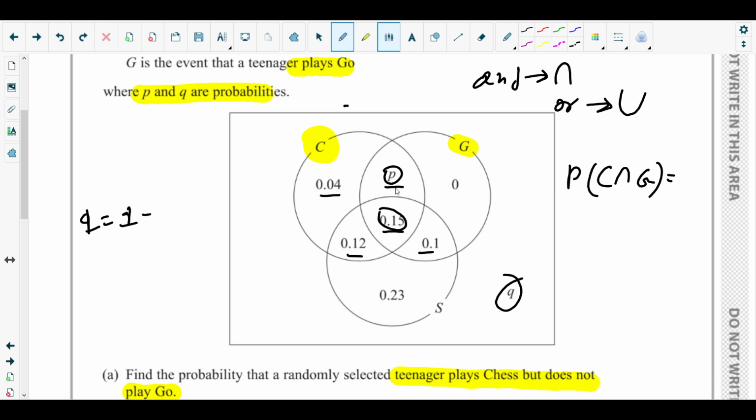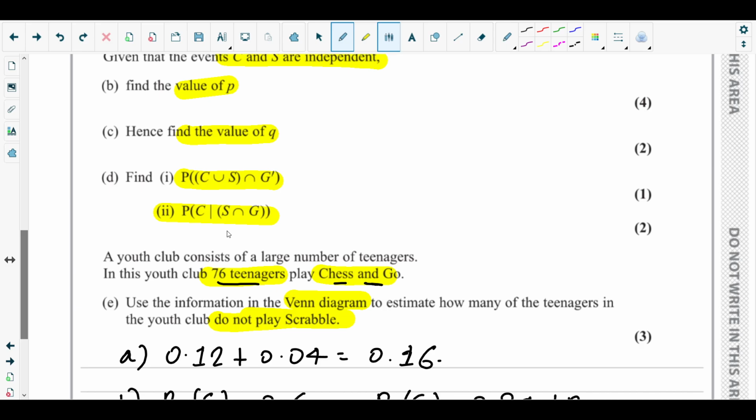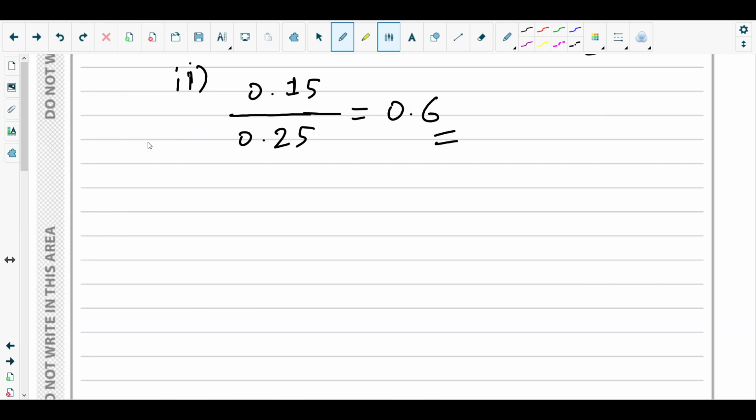P is 0.14 plus 0.15, which will give you 0.29. So for part E, the probability of C intersection G is 0.29.